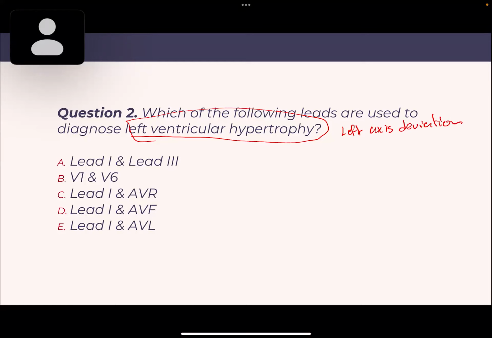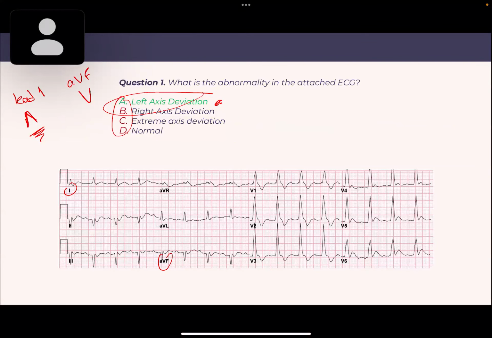That is by the cardiac axis. And the cardiac axis is figured out by leads. What leads exactly? Which of the following options do you use? D. Exactly. So you figure out the cardiac axis by looking at leads 1 and AVF.